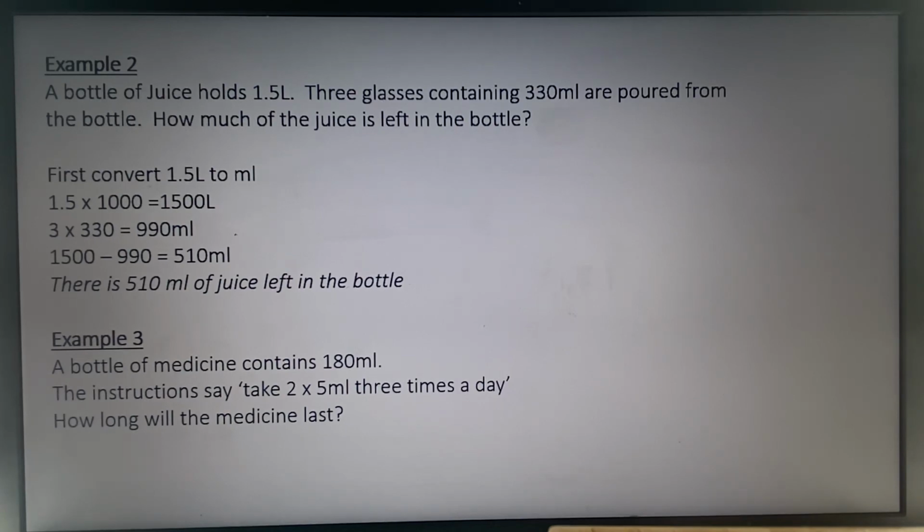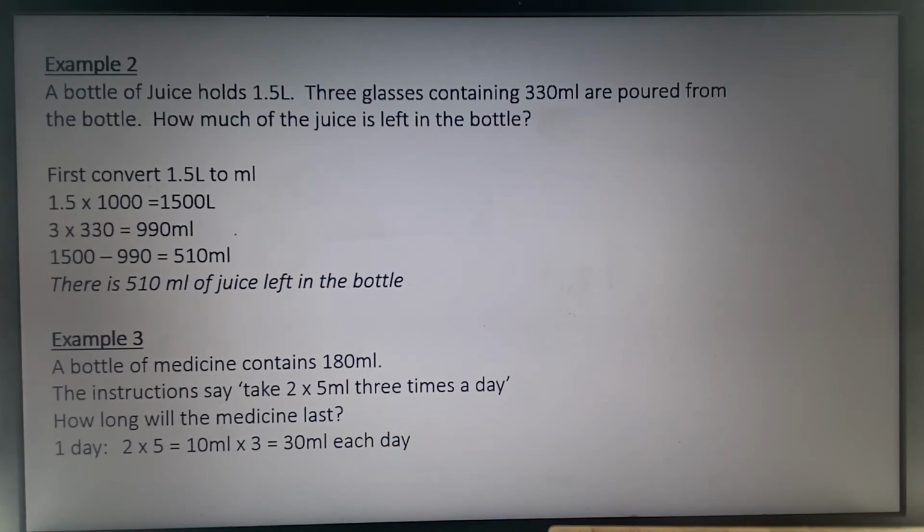So the first thing we need to think about is for each day how much of the medicine is used, and then look at how many days that will last. So for 1 day, for each time taken, 5 millilitres is 2 times 5, which is 10 millilitres. 3 times a day, times that by 3 to get 30 millilitres each day.